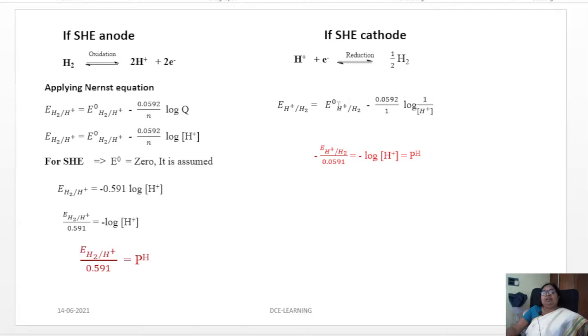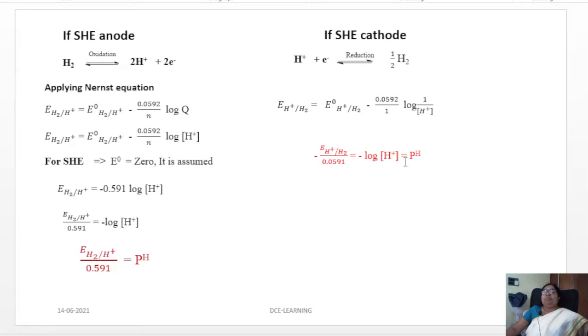If the SHE acts as a cathode, then it undergoes reduction, and the Nernst relationship is rearranged. The oxidized form is in unity, and the number of electrons involved is only one. Therefore the EMF of the electrode cell equals minus log of 1 over the H plus ion concentration, which you already know equals pH.